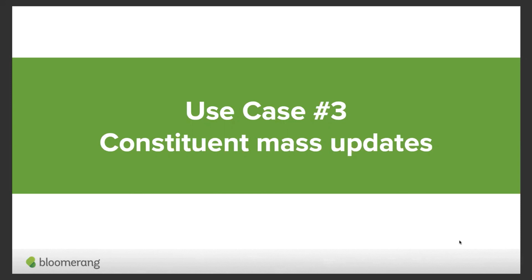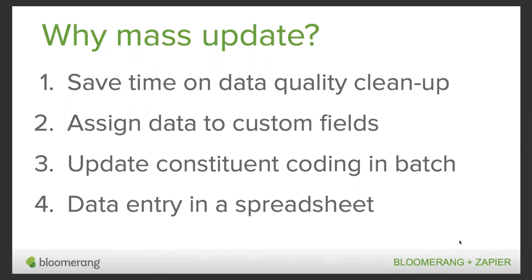So we can actually use Google Sheets as an updating tool, a batch updating tool, to update constituent details, whether that's naming fields or custom fields. We can use Google Sheets to edit and update that information. So your organization might want to think about mass updates to save time on cleanup. You can assign custom fields.